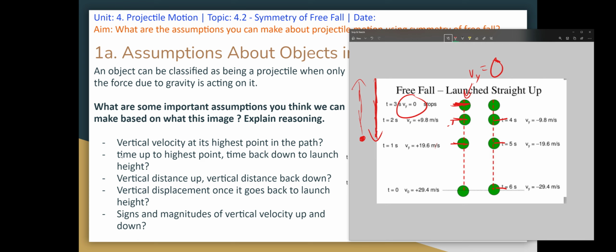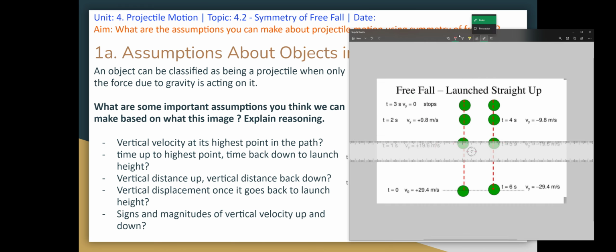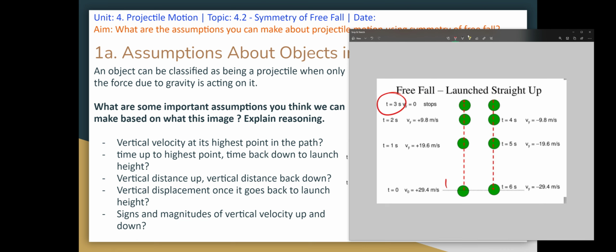Now let's move on to the second dash. It says time up to its highest point, time back to its launch height. What are some assumptions we can make there? You can look at it: it takes 3 seconds to go up to its max height, but then it takes another 3 seconds to come back down, because you see the time of 6 seconds.